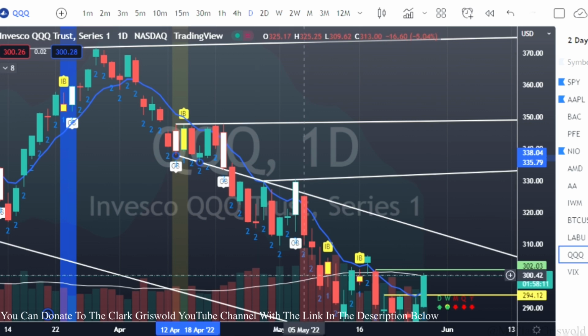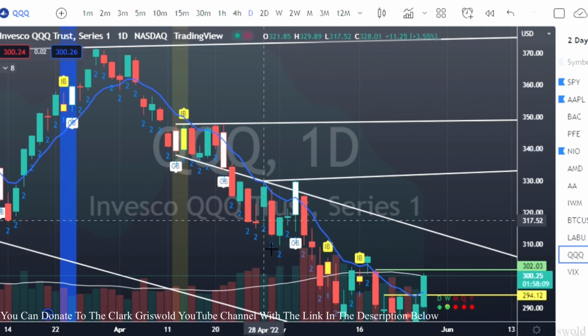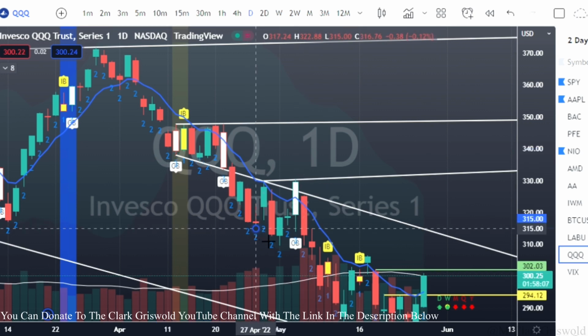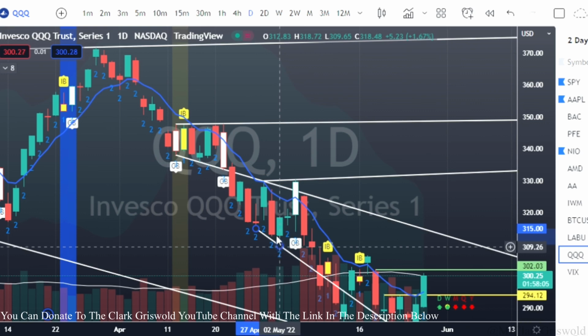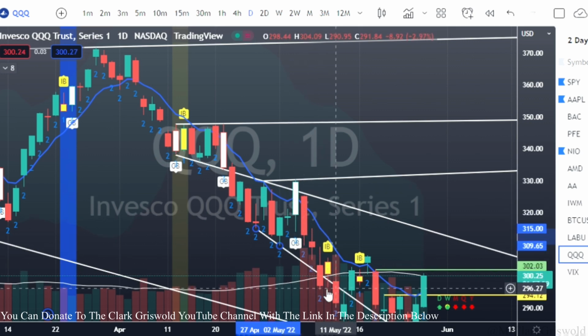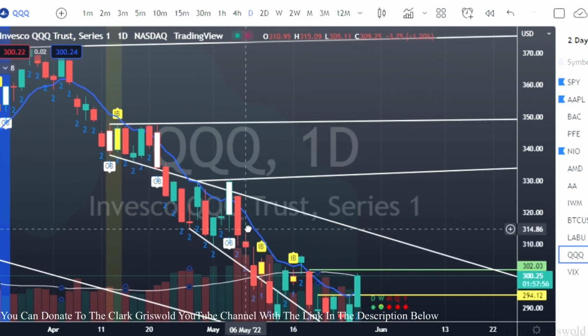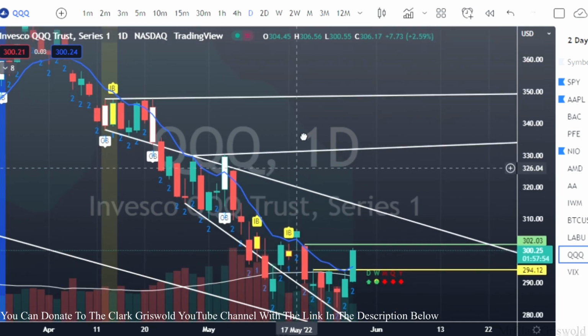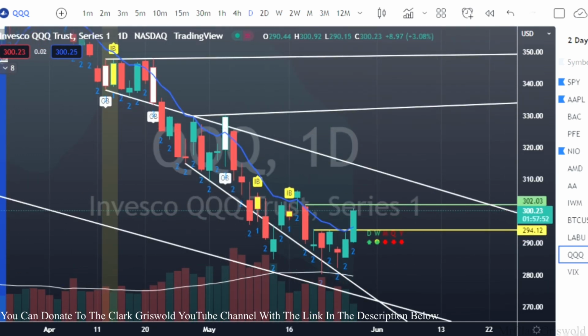Can you draw any more? Yep. From here to here. Okay, so you have your lower low, higher high, lower low, higher high, lower lows, and then we've just been kind of trickling around off of here now. Can you draw any more? Right here.